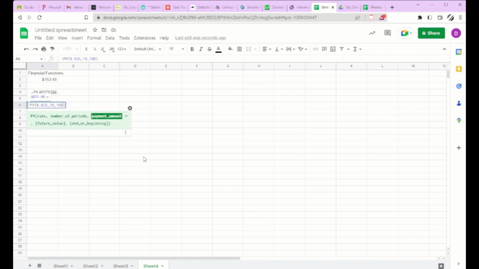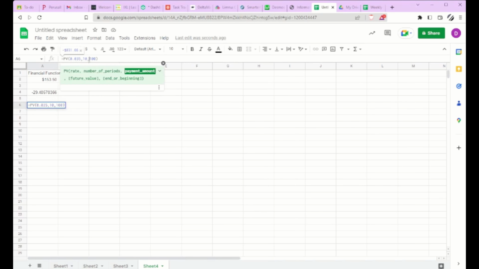We're adding $100 a year. What is our future value? Well, again, we have to be careful with whether we're using positives or negatives here because it assumes some are debts and some are not. But yes, it is $831.66 is what we have here. So if we change this to a negative, we find that yes, it's worth $831.66 at the end of this period.